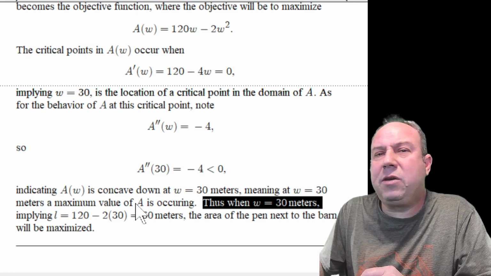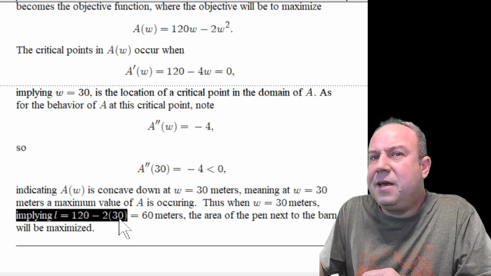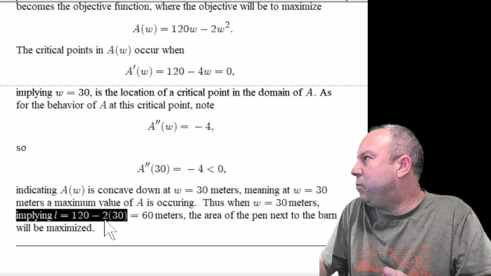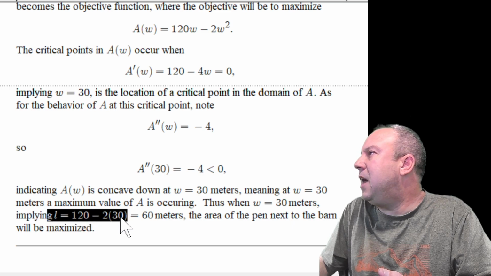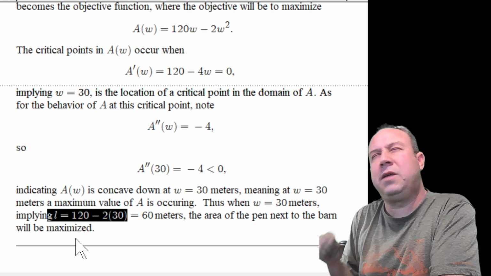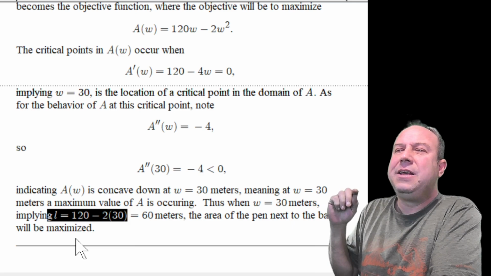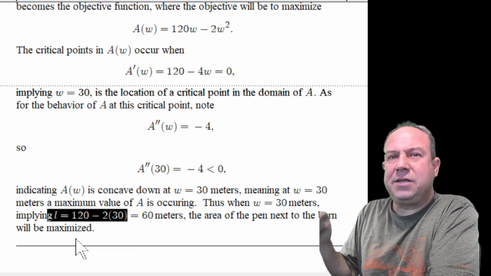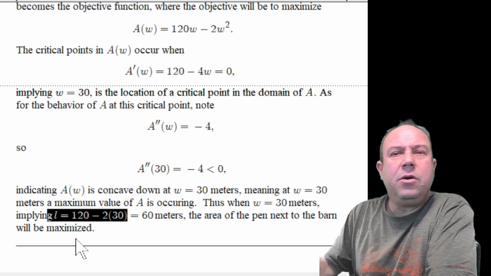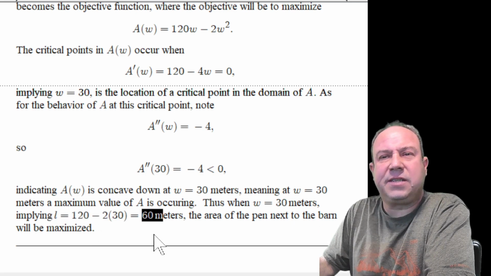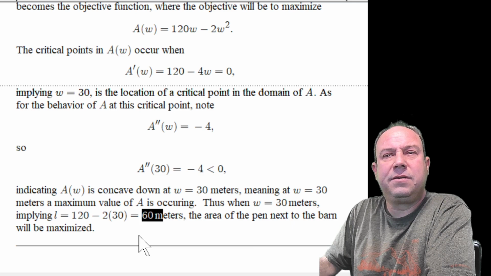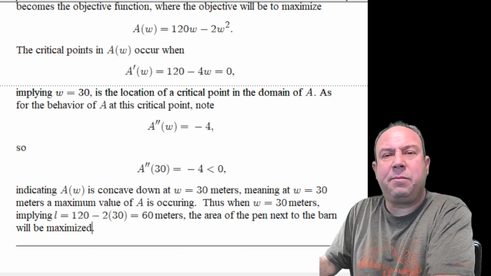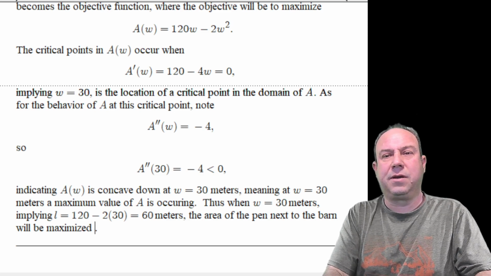Thus, when W equals 30 meters, using our relationship with L, we can then say the length is going to be 120 minus 2 times W. It's going to be 120 minus 2 times 30, which is going to leave us with a length of 60 meters. Right?